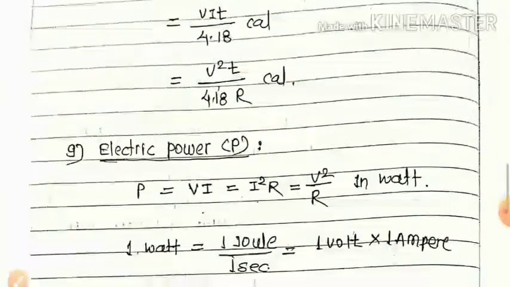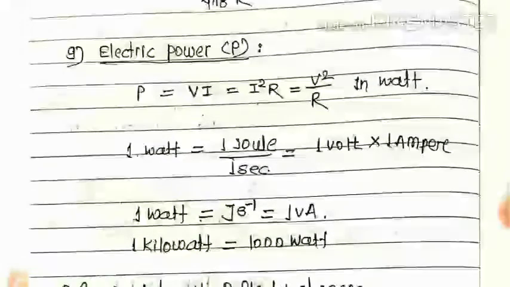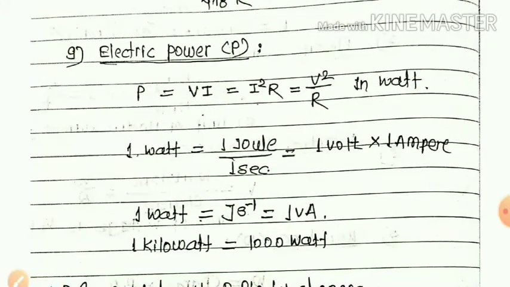Now we will see about electric power P. Electric power P can be calculated as the product of potential difference and electric current, that is V into I. But by Ohm's law we can write V is equal to IR.